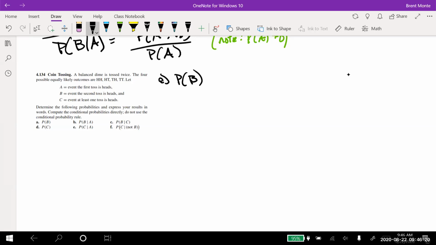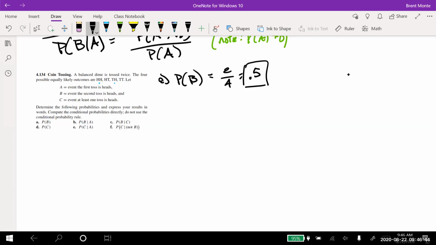Well, the first one does, the second one doesn't, the third one does, and the fourth one doesn't. So it's 2 out of those 4, or 0.5.